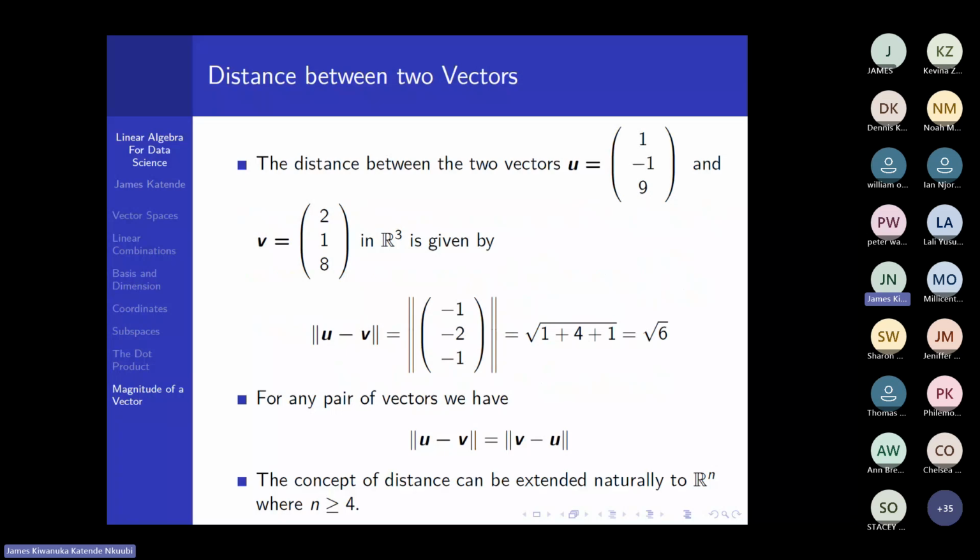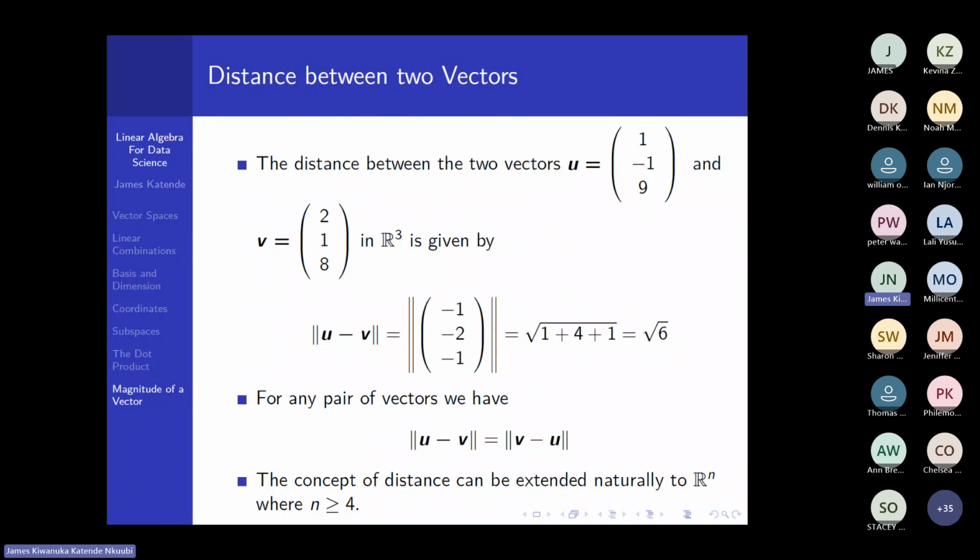You can extend the same thing to 3 dimensions. The distance between the two vectors u and v is simply the magnitude of this difference, u minus v. And you get that distance to be the square root of 6. The way it is set up, it doesn't matter the order in which you do the subtraction, you will get the same value.